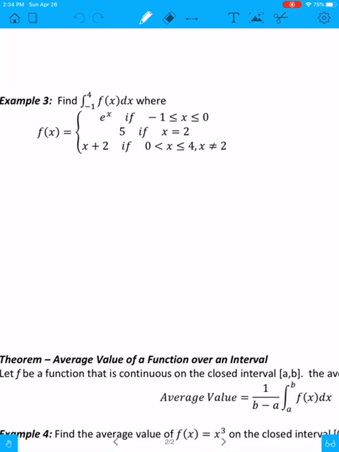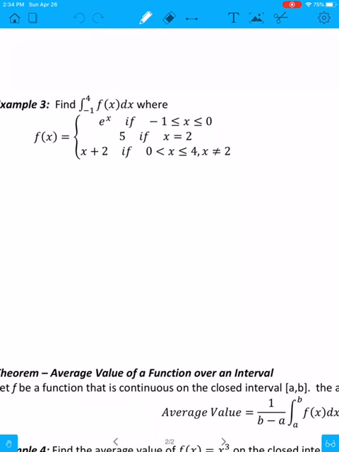All right, so let's look at this one. Find the integral from negative 1 to 4 of f of x dx when f of x is e to the x from negative 1 to 0, 5 at 2, and then x plus 2 from 0 to 4. Now at 2 it's equal to 5. There's no area under it.